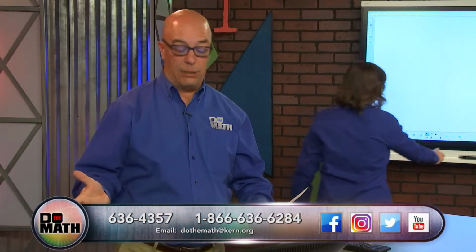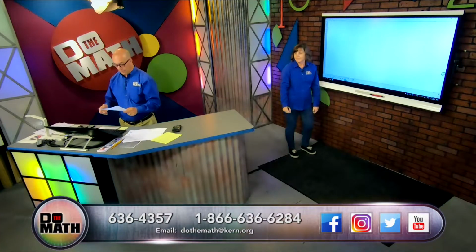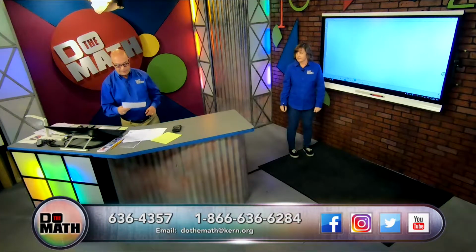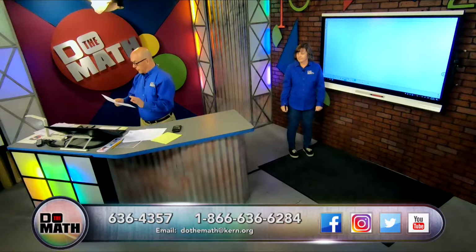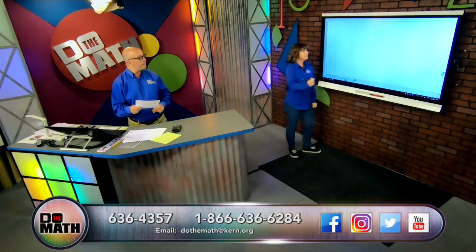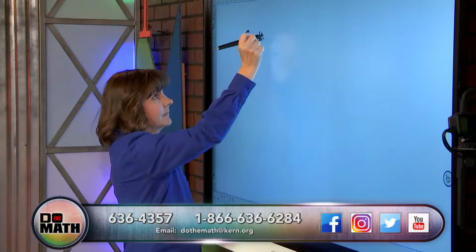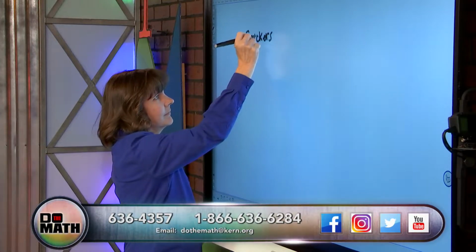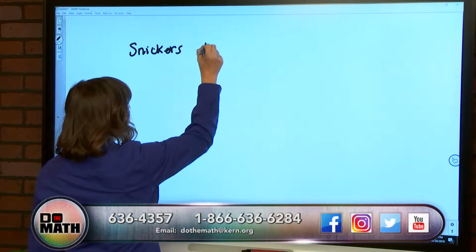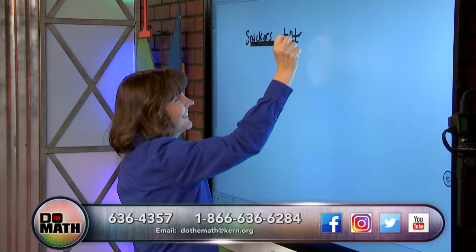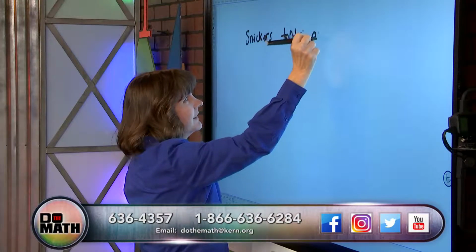So we've got another problem for you to work on. This one actually has to do with Halloween candy, an extension from yesterday's problems. Molly's mother started out the evening with 3 types of treats: Snickers, Tootsie Pops, and Skittles.